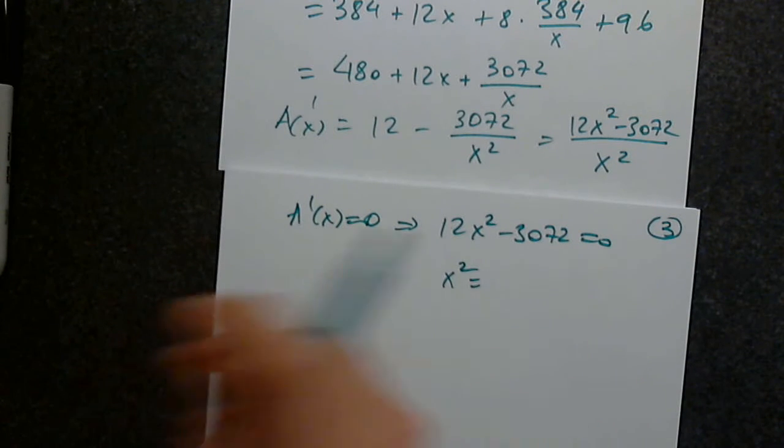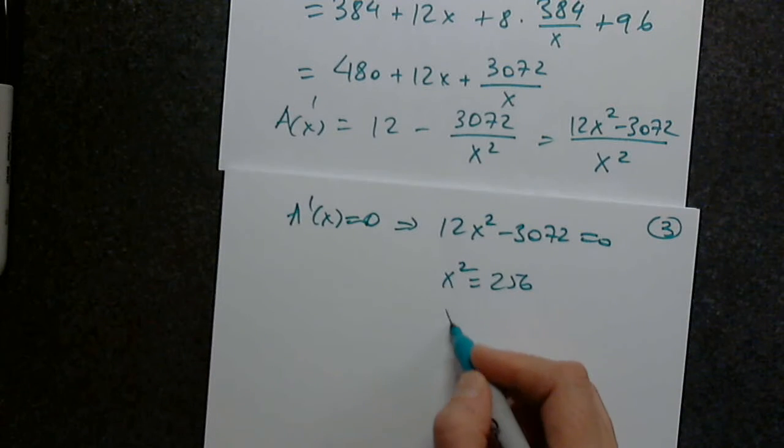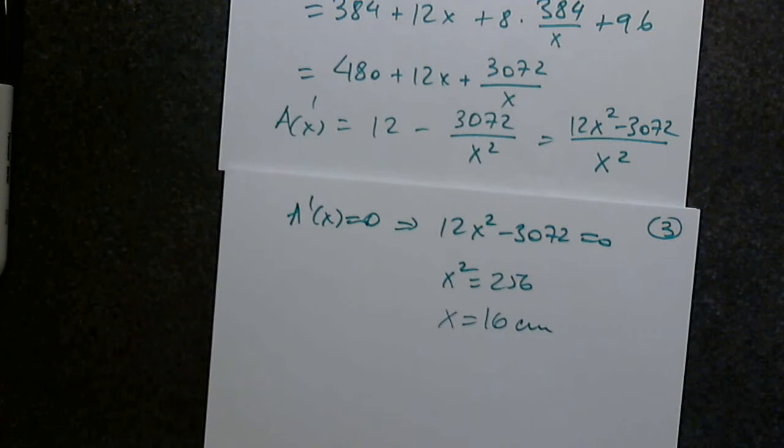And then x squared is, if I divide by 12, I get 256. And when I take the square root of 256, I get 16 centimeters. Was it centimeters or inches? Let me take a look. Centimeters, yes.